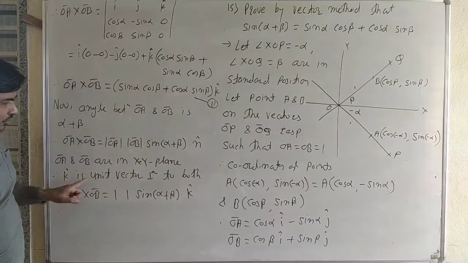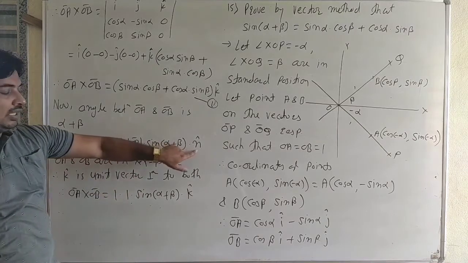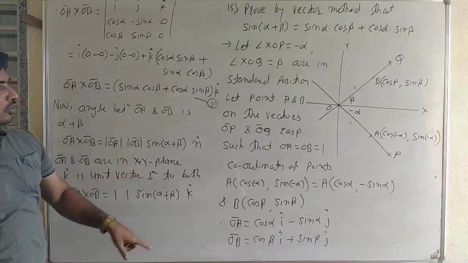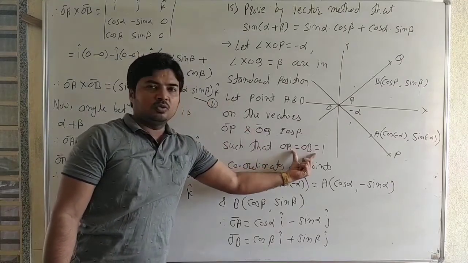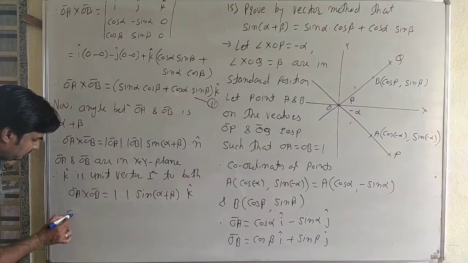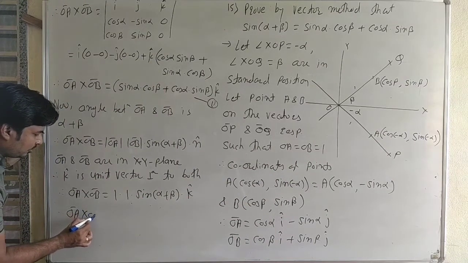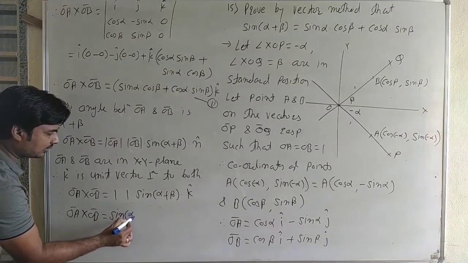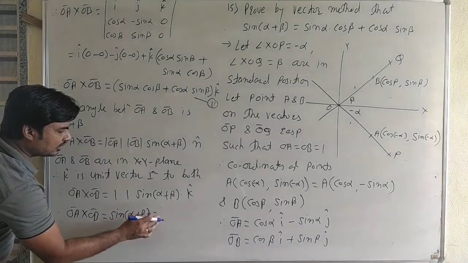Okay, n cap is a unit vector perpendicular to both a bar and b bar, and the magnitudes of OA and OB are equal to 1. Therefore OA cross OB is equal to sine alpha plus beta into k.